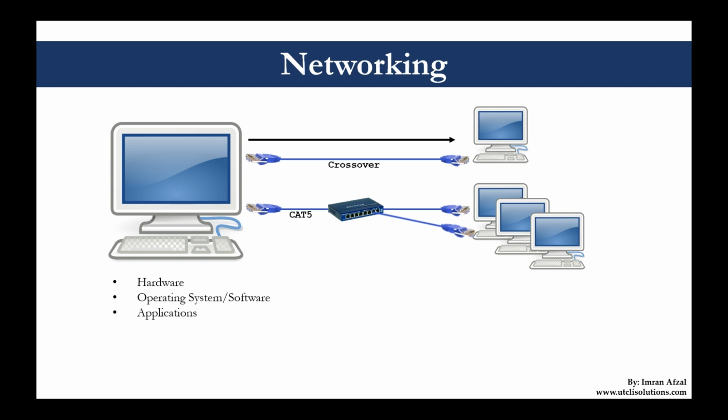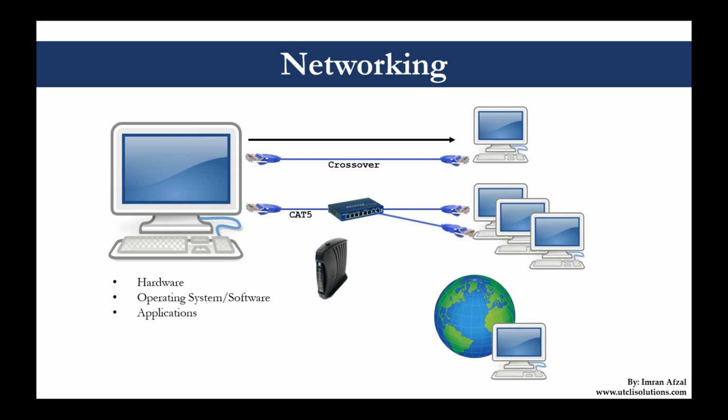Now comes a question: what if there's a computer out on the internet, somewhere in another location or another part of the world, and you want to talk to that computer? Then, of course, you need a modem from your ISP, your internet service provider. In my location, I have a service provider like Cablevision, Optimum, or Fios.